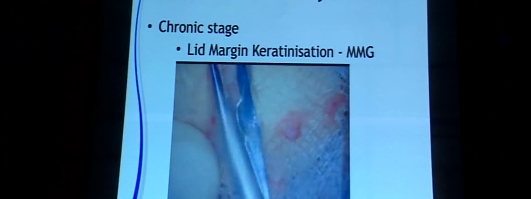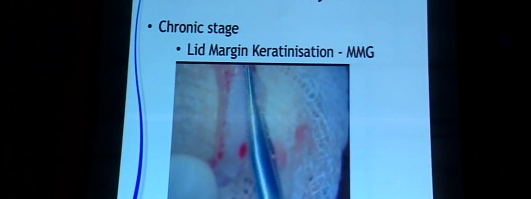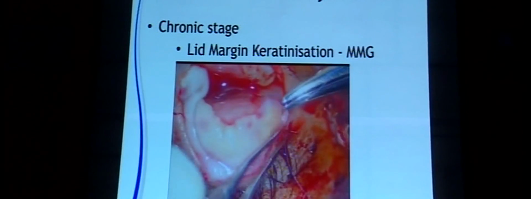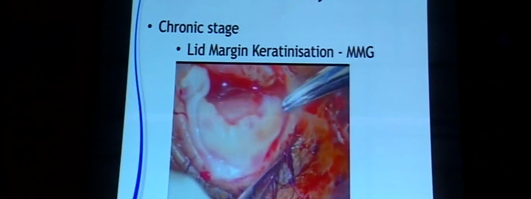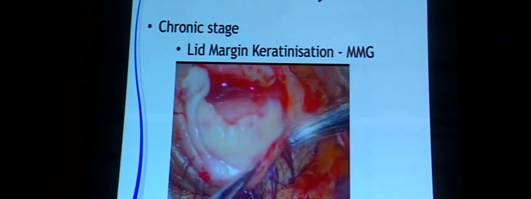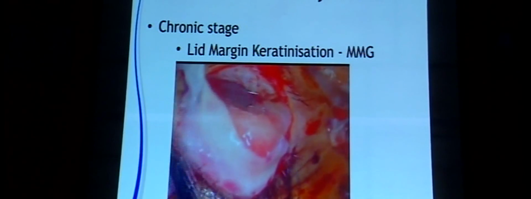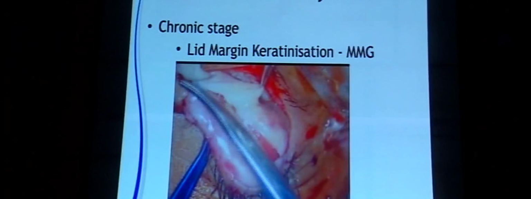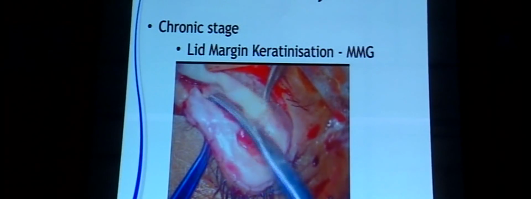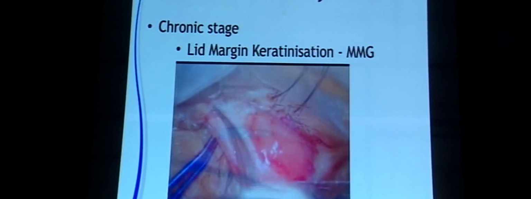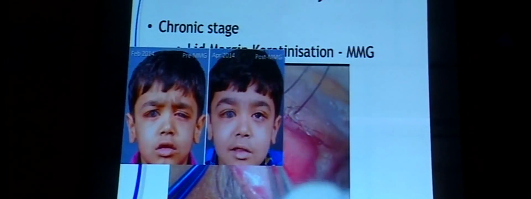What is important here is care should be taken not to damage the tarsus. The mucosa is harvested. It is thinned out as much as possible. You don't need that bulky mucosa. You need a very thin layer of the mucosa here, secured to the lid margin with suture, trimmed to the defect size, and it is glued to the surface.